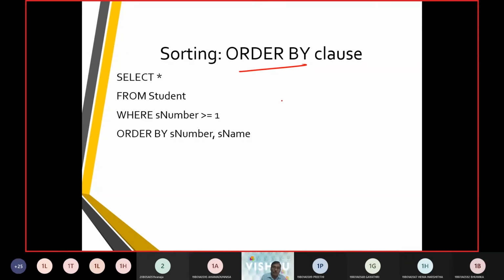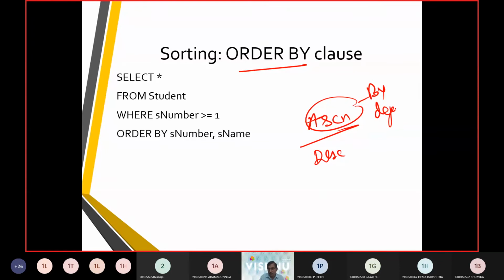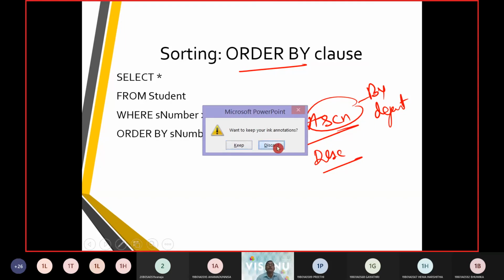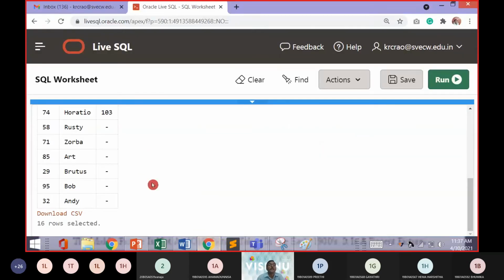Order by works with two options, ascending and descending. Ascending is the default. If I put descending, obviously the answer will be in descending order of the content.